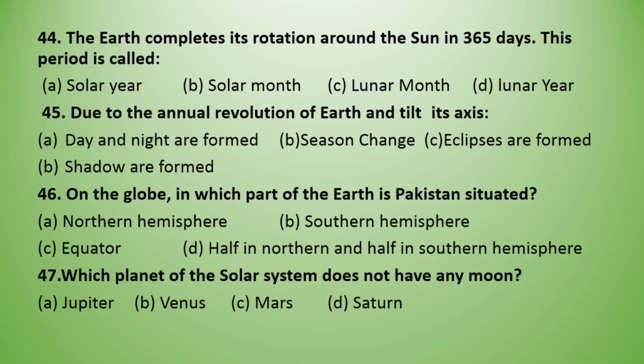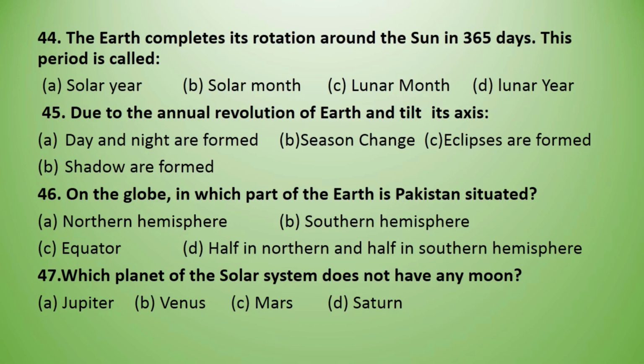C. Eclipses are formed. D. Shadow are formed. Answer is B. Season change. 46. On the globe, in which part of the Earth is Pakistan situated? A. Northern Hemisphere. B. Southern Hemisphere. C. Equator. D. Half in Northern and half in Southern Hemisphere. Answer is A. Northern Hemisphere.